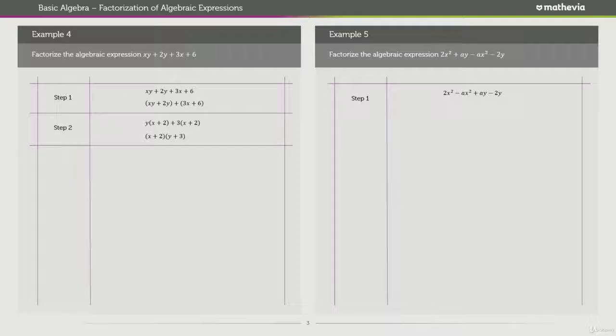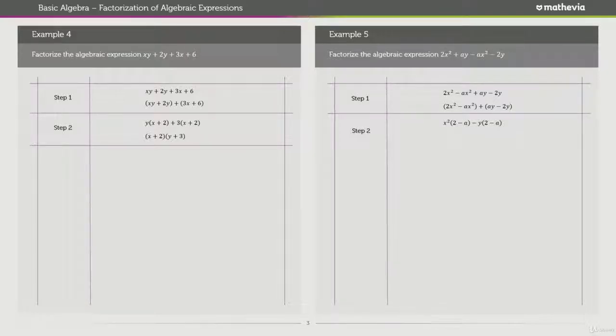But what we can do is find the terms that have common factors and bring them together, in a way collecting like terms. We bring 2x squared and minus ax squared together, and ay and minus 2y together, and then we can group them. It makes a lot more sense now. Then we factorize each group.